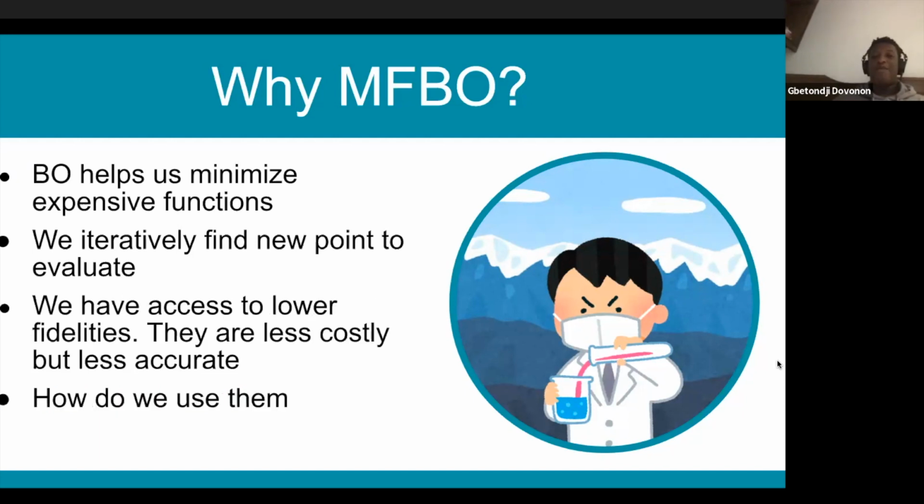That's where multi-fidelity Bayesian optimization comes in, because we now have access to lower fidelities that are both less costly and less accurate. Multi-fidelity Bayesian optimization tells us how to use them to end up optimizing the function while incurring less cost.